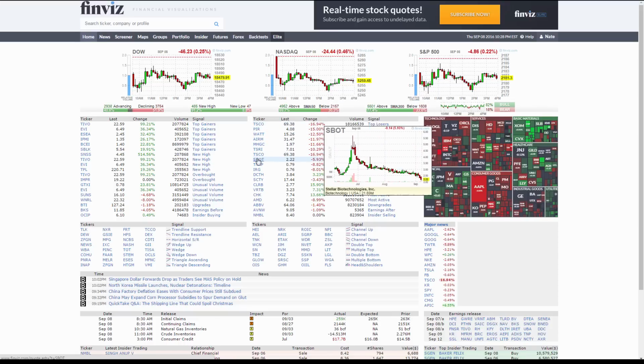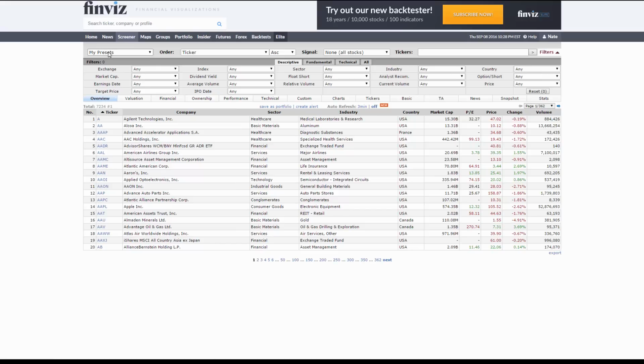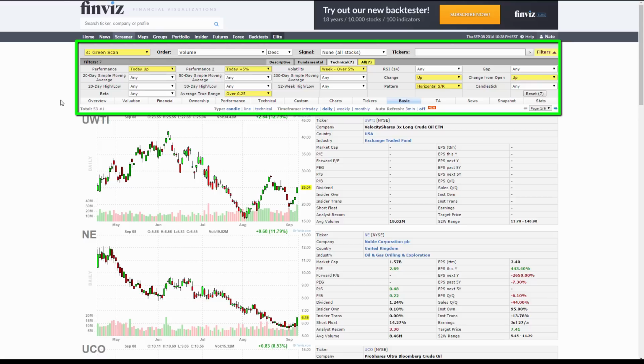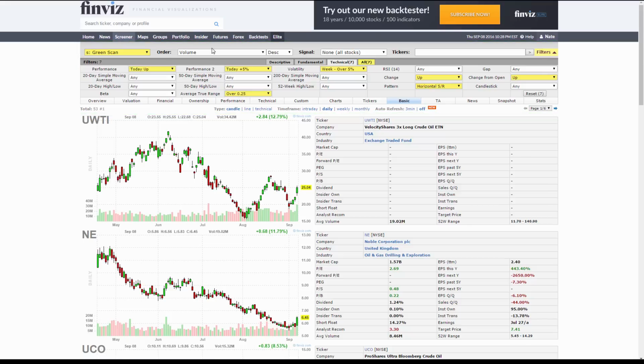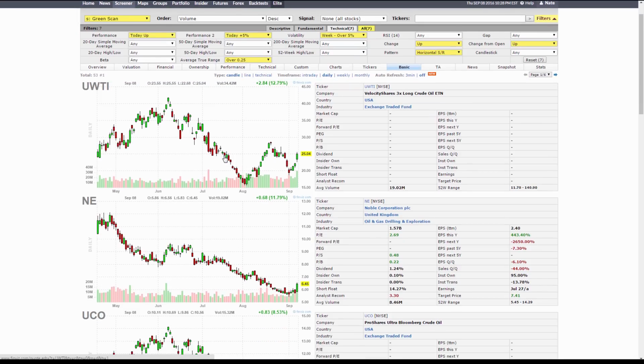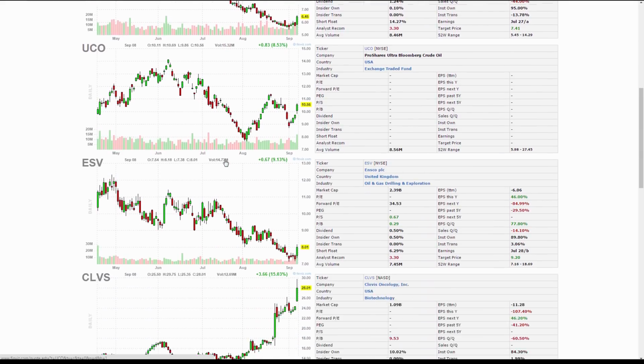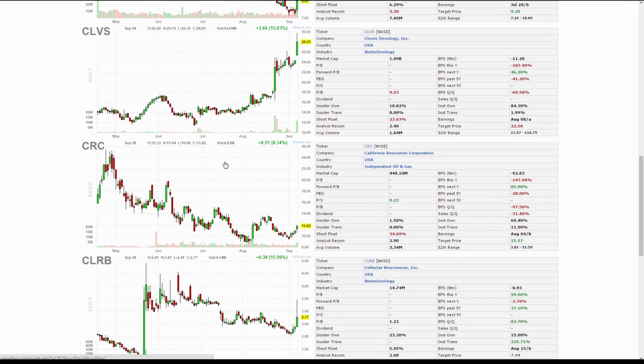It's all pretty cool. So now we're going to go into the screener, and we've got a few presets saved here. We'll have a look at the green scan. I just wanted to show you guys the parameters that we use to start filtering for charts that we think are going to be interesting. What Nate does on a daily basis is go through all of these charts and have a look.